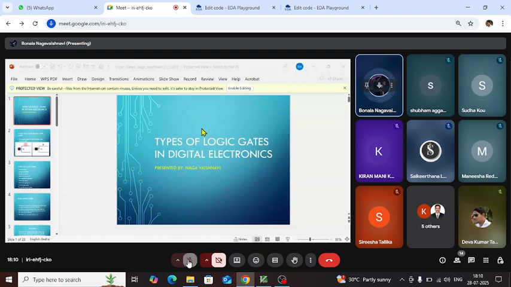Now it is an AND gate. AND gate means it produces a high output when all the inputs are high. Otherwise, the output is low. And the expression is x equals a into b. We normally remember AND gate means multiplying of all inputs, whatever you have.